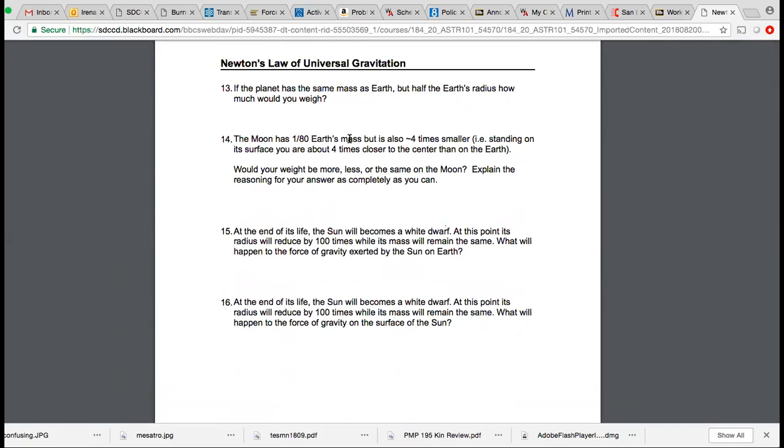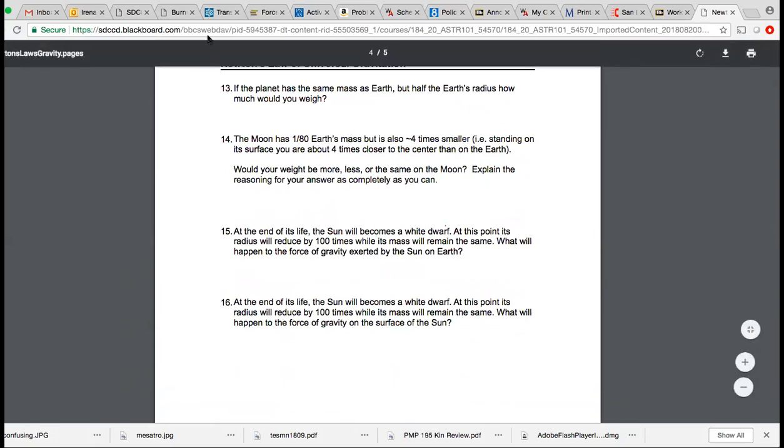So because of the moon's mass, you would weigh 80 times less, but because it's smaller and you're closer, you would weigh 16 times more. If you divide your weight by 80 and then multiply by 16, what do you get? Let's call your weight W. You are going to be 80 times lighter on the moon, because the moon has 80 times less mass.